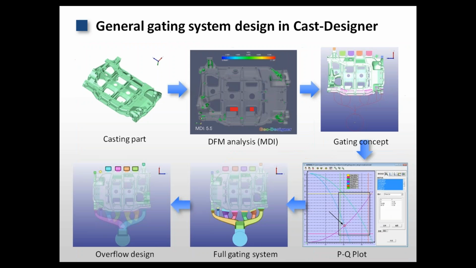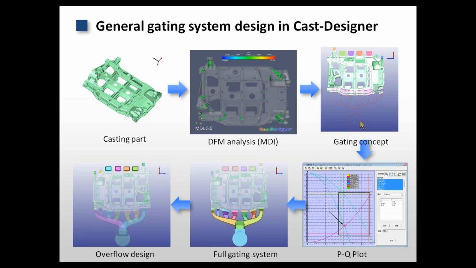Now let's take a real case to see how we finish the design job. The first step is here. You get a casting part, and then you put this part into Geo-Designer and find out the MDI, the mass distribution index, and you will find places with higher risk of shrinkage porosities. Then you could make a gating system concept design.